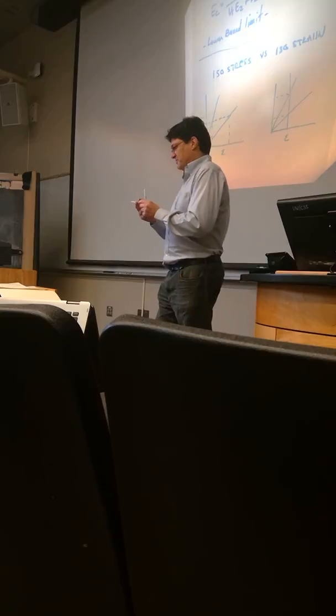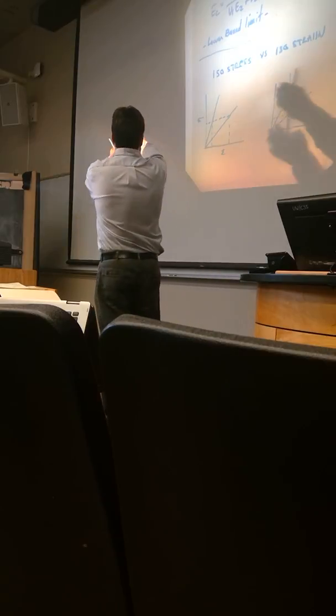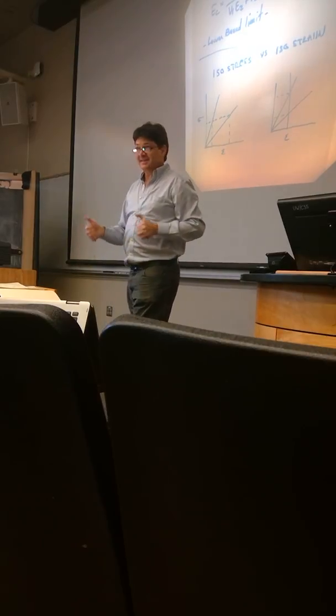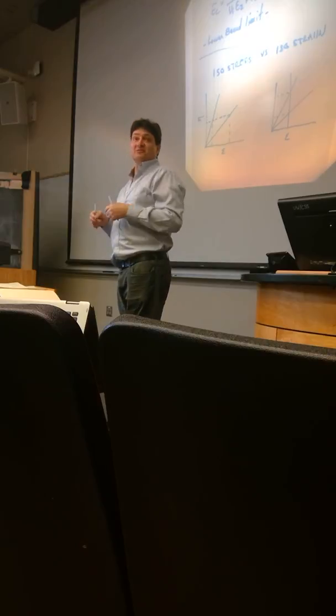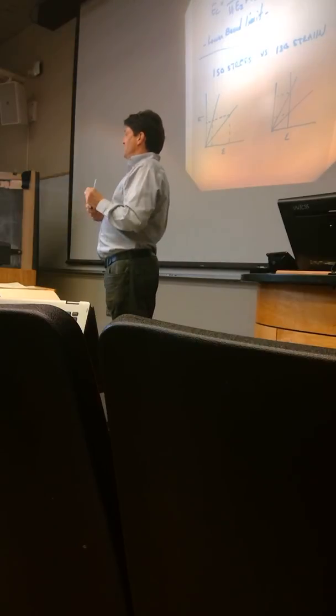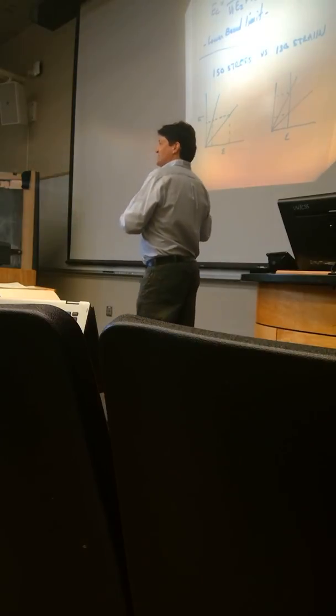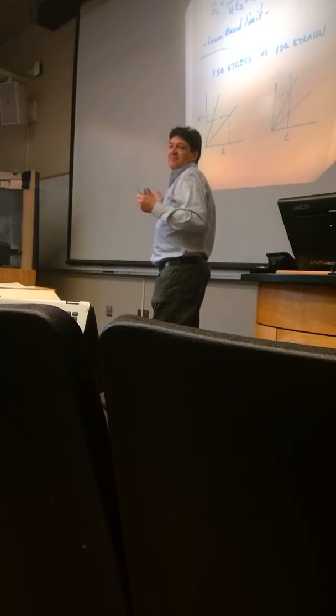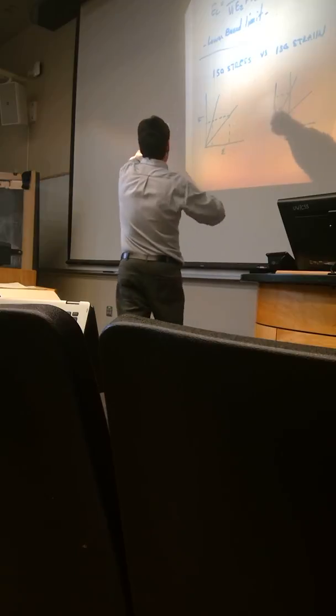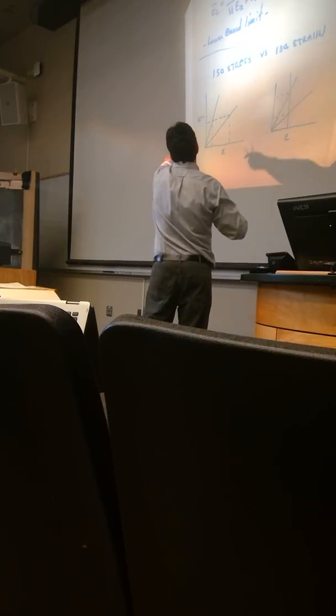So, for example, you have a problem, here's a composite. The composite is stressed in this direction. What's the strain in the fiber, and what's the strain in the matrix? Depending on what I gave you, can you figure out this or this?